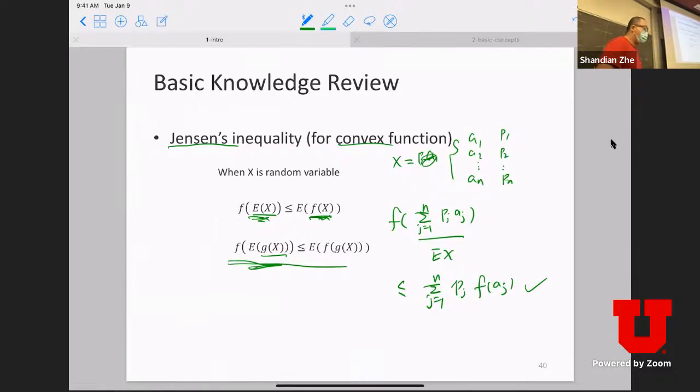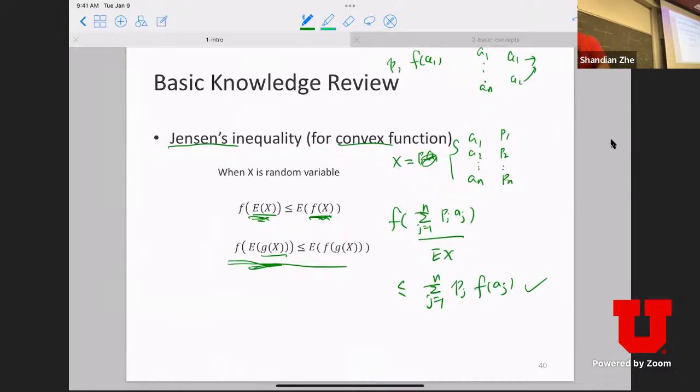Why do you consider the same probability for a1, for instance, and f of a1? If you have n possible values that x can take, of course I cannot guarantee that the probability of f of a1 will be p1, because maybe a1 and a2 will map to the same value.